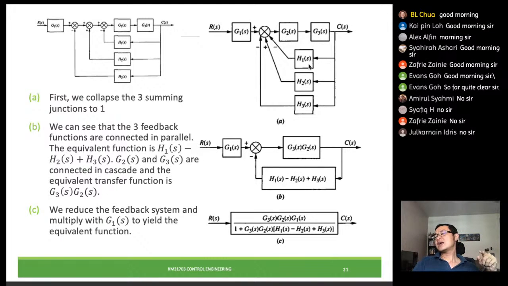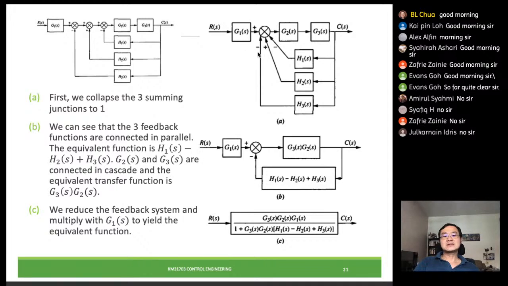Such that we have H1, H2, and H3, add them up together, right? But then what happens is that when we add them up together, we can see this sign minus, plus, and minus.